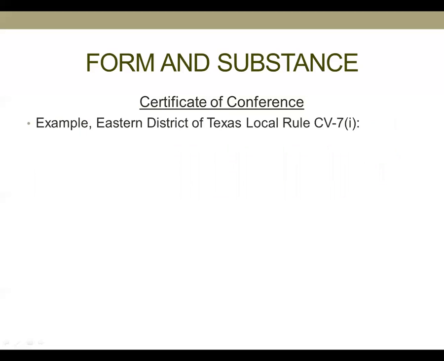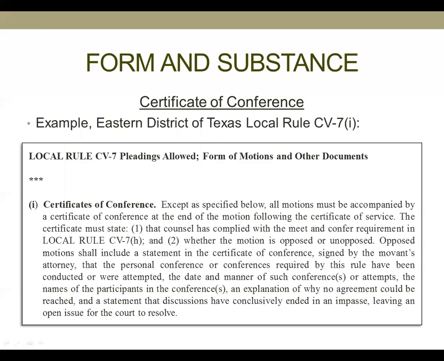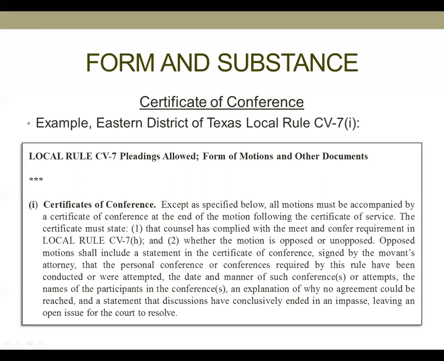Sometimes the local rules will actually specify exactly how these certificates of conference should be written. Here is an example of a local rule from the Eastern District of Texas. Local Rule CV7 subsection I relates to certificates of conference. As you can see here, the rule requires that various details be stated in the certificate.